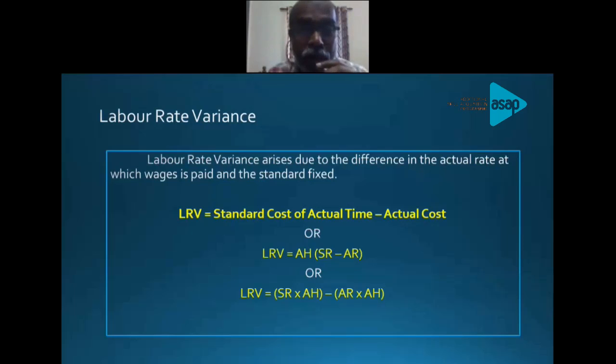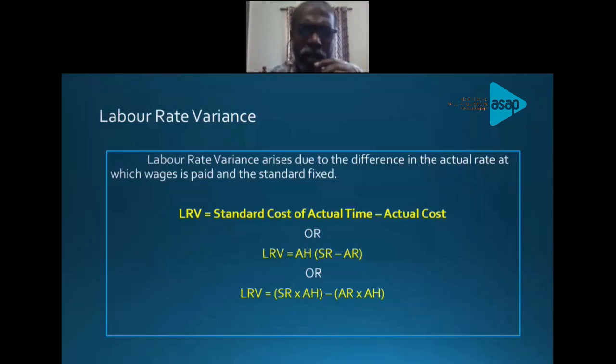When actual rate is less than standard rate, the variance becomes favorable. Remember, when actual rate is less than standard rate, the variance becomes favorable. The third one is an expansion of the second one. That is, actual hour is multiplied with standard rate and actual rate.